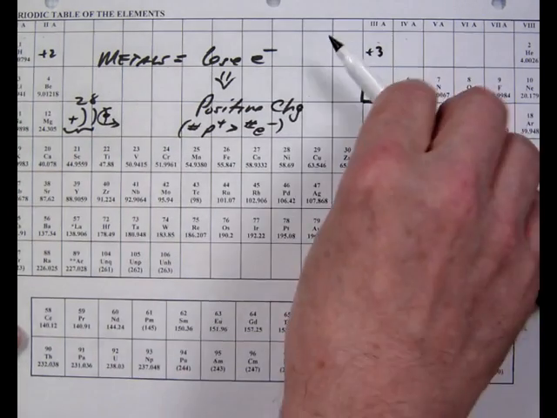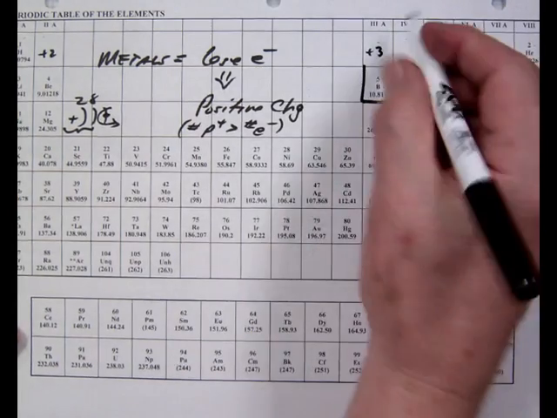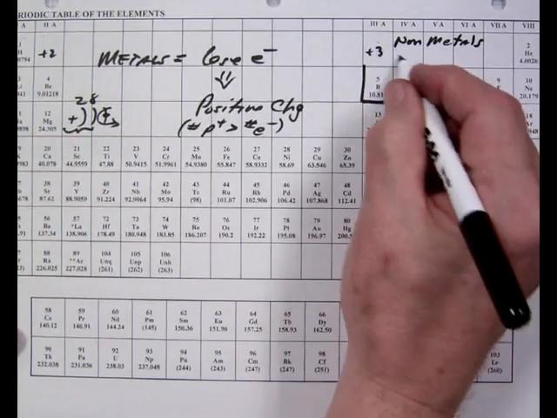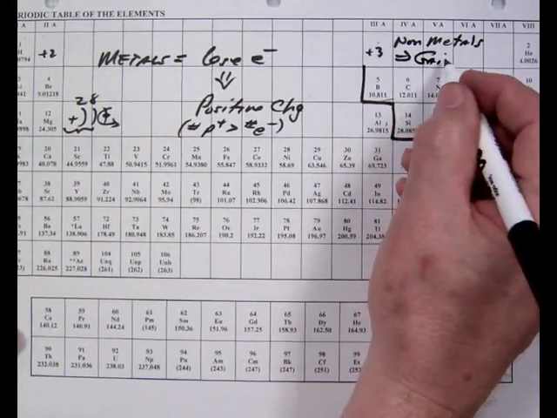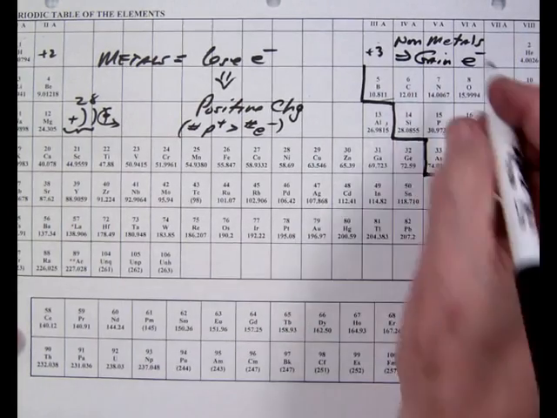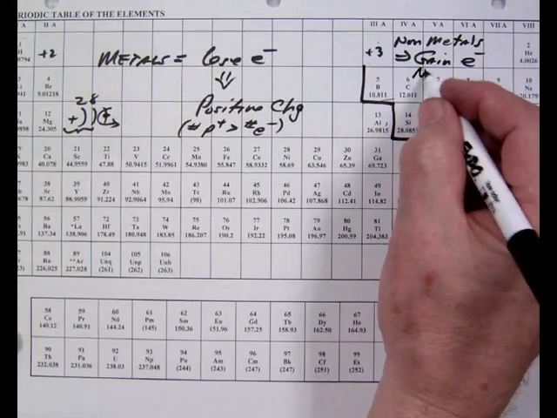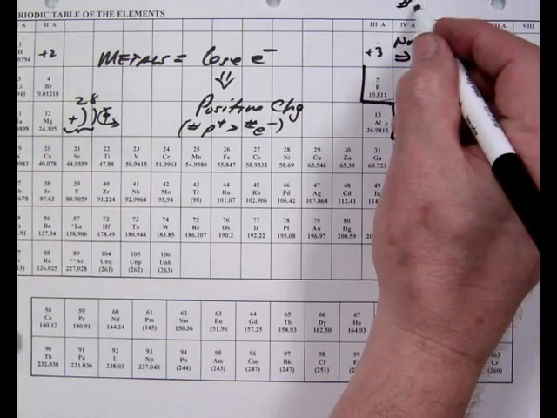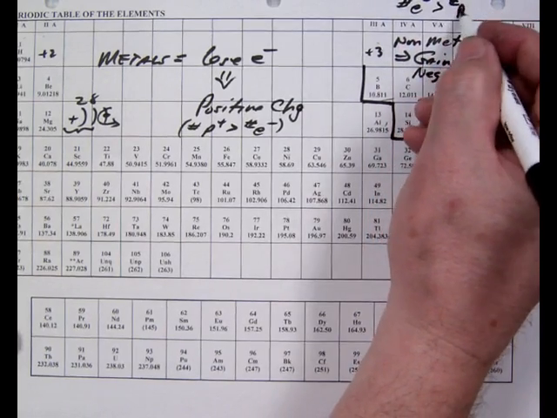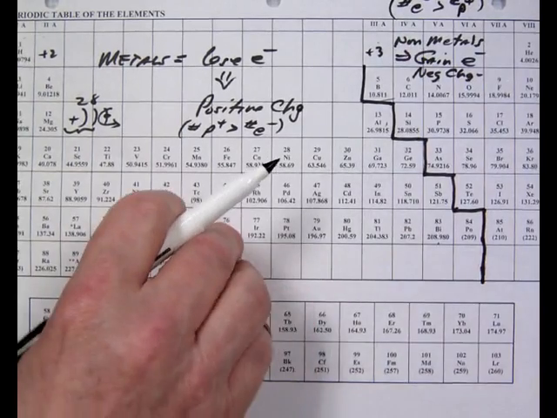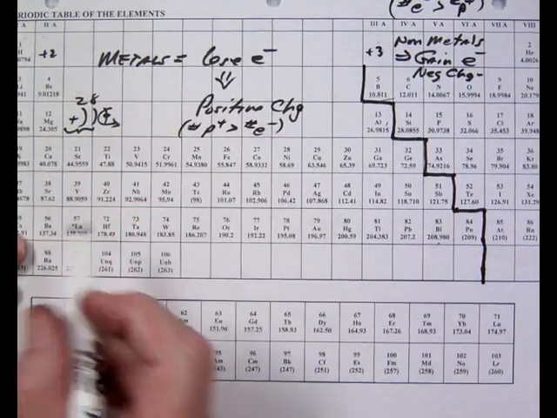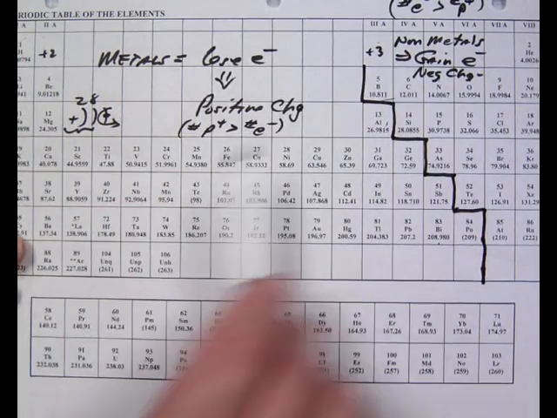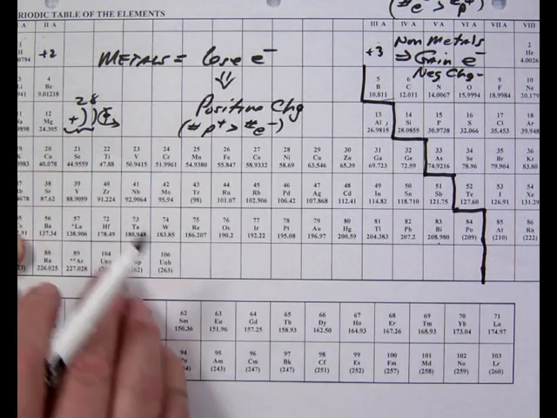Now when we get on the non-metal side, non-metals tend to gain electrons, and that will give them a negative charge. In essence, the number of electrons this time is greater than the number of protons. Now, in the metals, when they lose group 1, 2, and 3, I'll bring up the transitions and inner transitions in a minute.